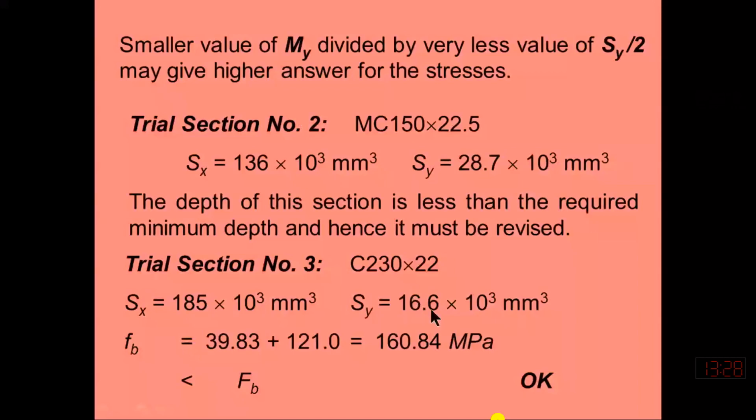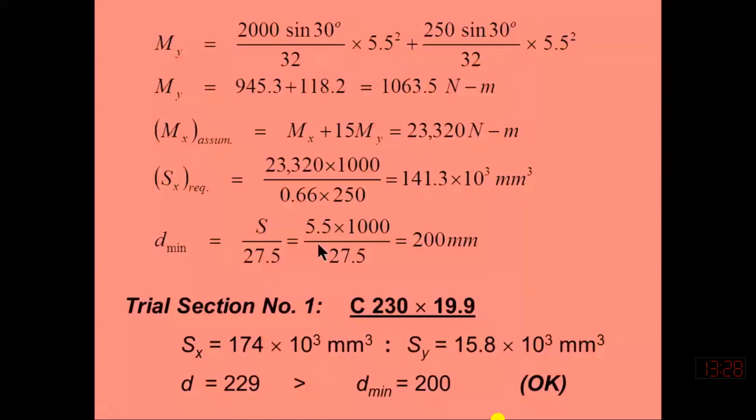When we selected the previous section, the section modulus about the x-axis was 174 and about the y-axis was 15.8. So we will try to select a section having section modulus about the y-axis more than 15.8.